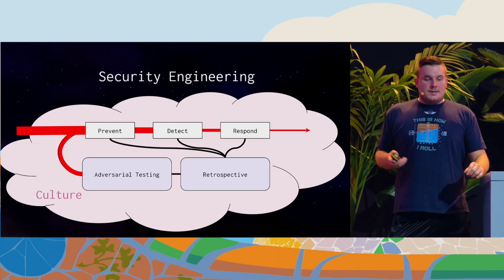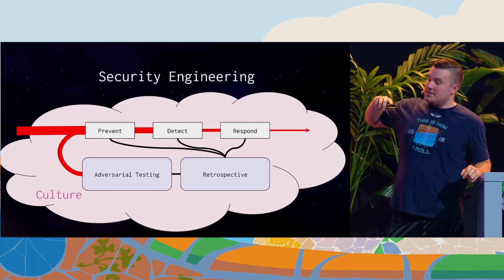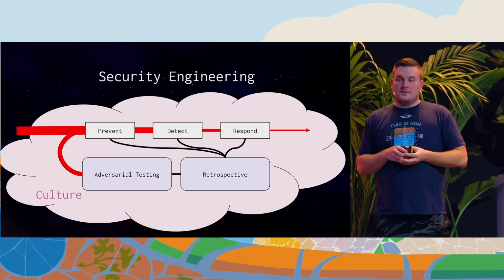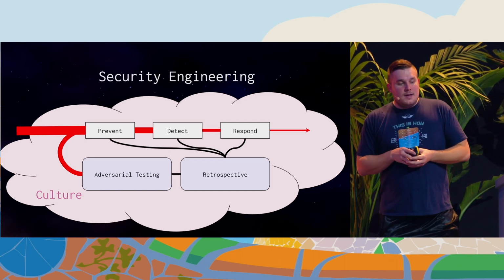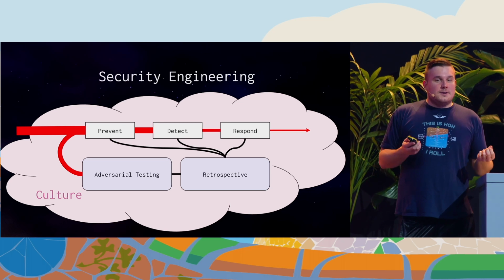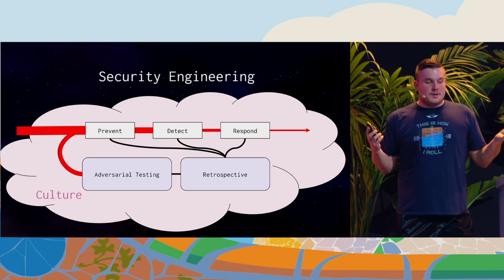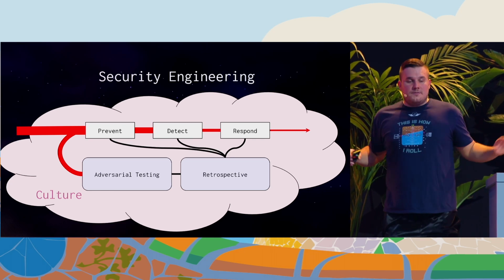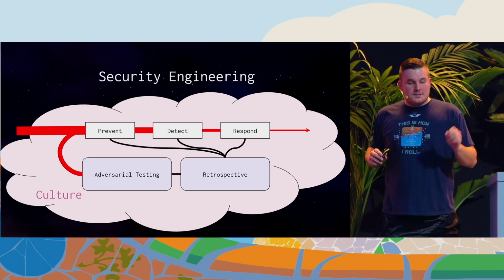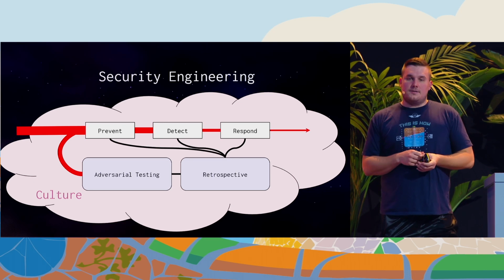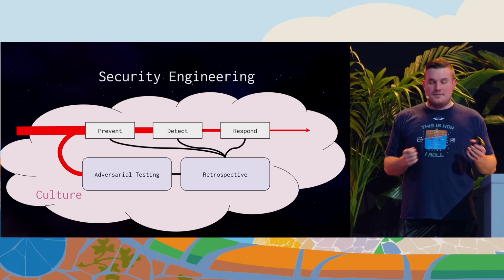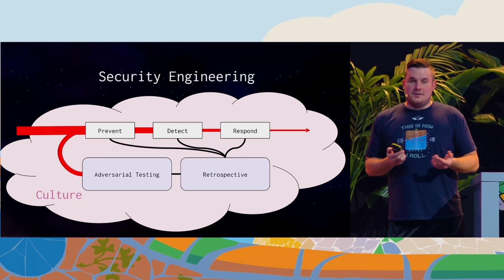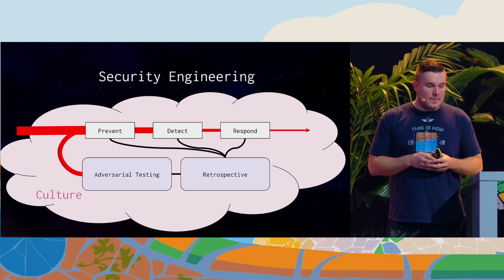Another piece is, so this red arrow represents all of the attacks that your system is going to face over its lifetime. The first and the most obvious thing you want to do is stop those attacks from working. So that's what prevent does. You want to prevent as many of the attacks from working as possible, but some of them are going to get through. It's impossible to make perfectly secure systems. We just don't know how to do that. Code is too complicated.